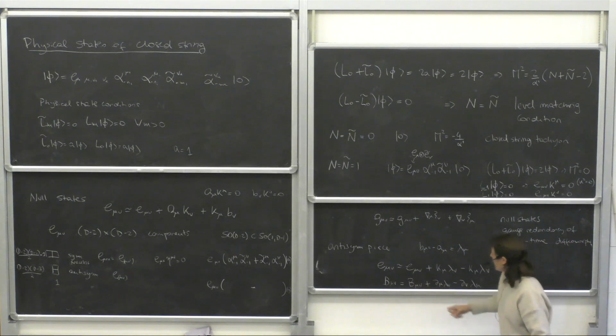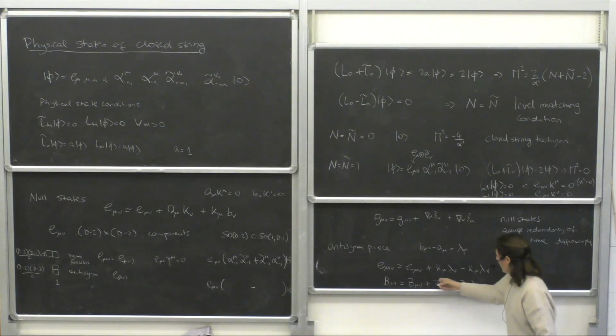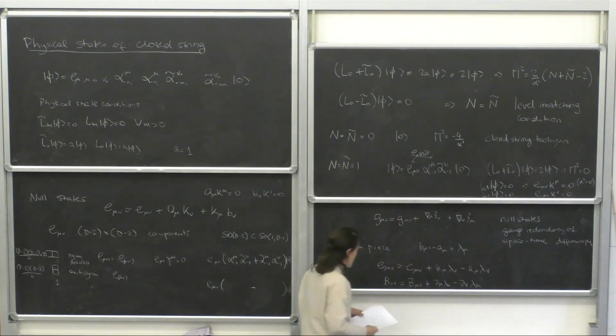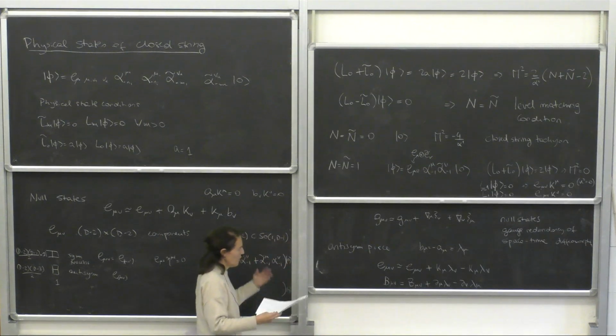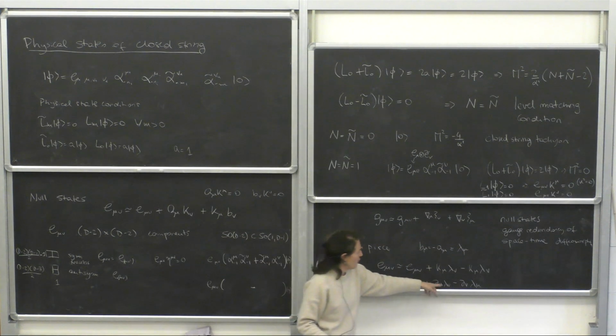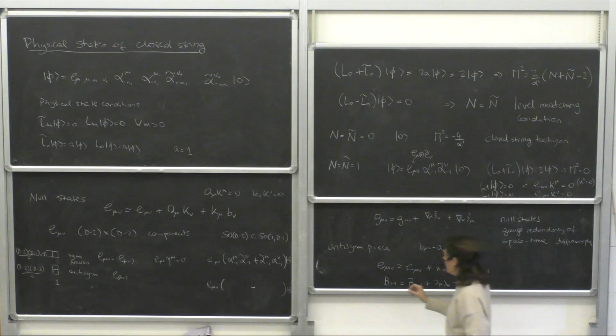It has two indices, so the gauge parameter has one index. So this is a two form. If you saw the language of forms, the two form is an antisymmetric two tensor, and its gauge transformation is a one form. So this is called B field.